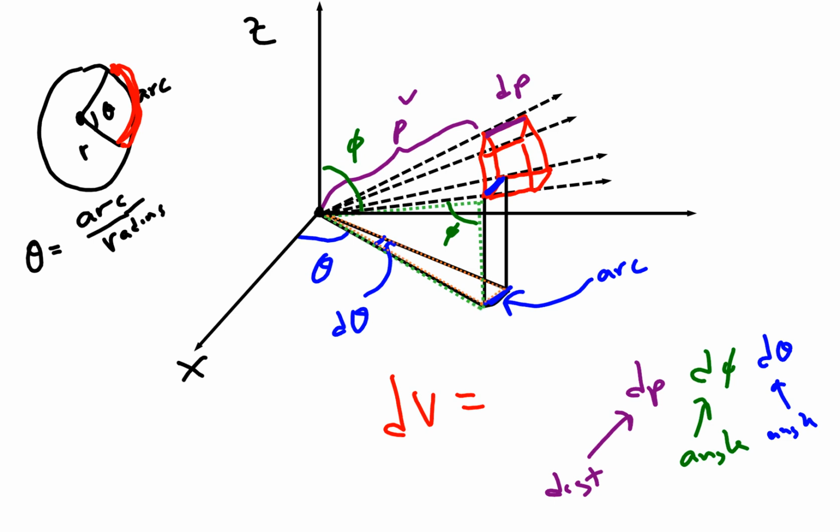We can say that the sine of phi is equal to opposite, which I'll call r, which is this little piece down here, over the hypotenuse, which is rho. So then we have that r equals rho sine phi.